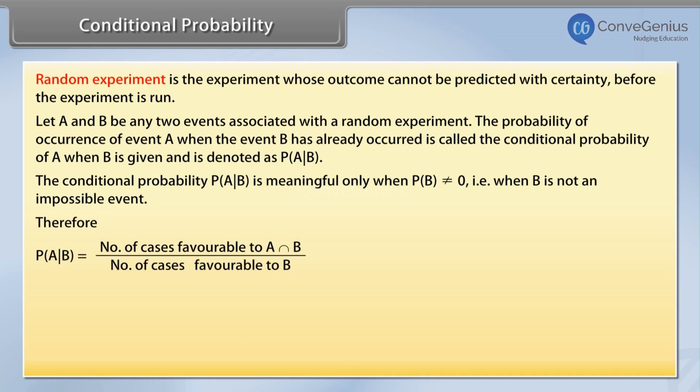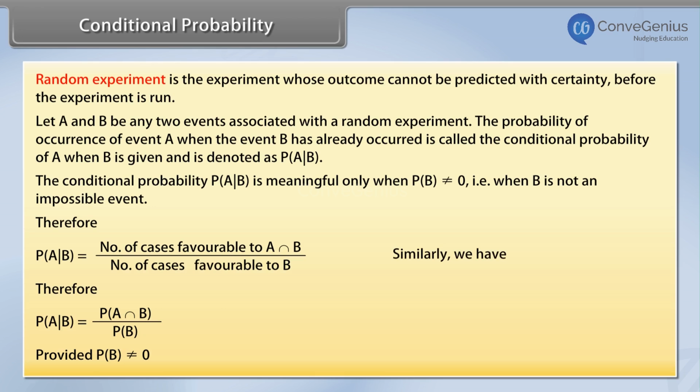Therefore, the conditional probability of event A when event B is given is equal to the number of cases favorable to event A intersection event B by the number of cases favorable to event B. That is, P(A|B) is equal to P(A intersection B) divided by P(B), provided P(B) is not equal to 0.